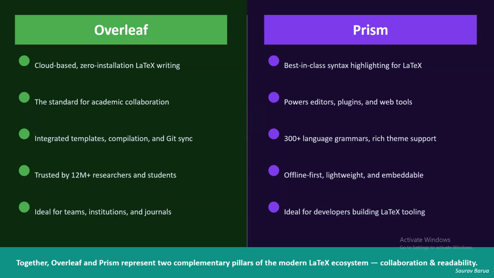Integrated templates, compilation, and Git sync are possible in Overleaf. However, Prism supports 300 plus grammars and rich theme support. And Overleaf has a very large user base, almost 12 million researchers and students use it. Prism is offline, fast, lightweight, and embeddable. For ideal teams, institutions, and journals, Overleaf is preferable. Developers building LaTeX tooling can use Prism.